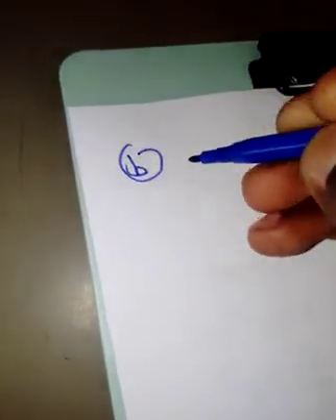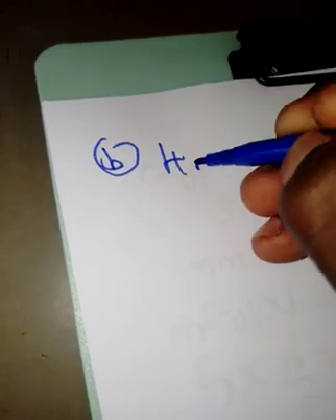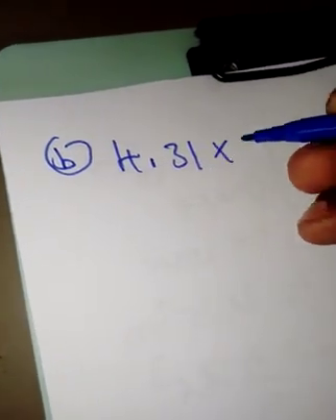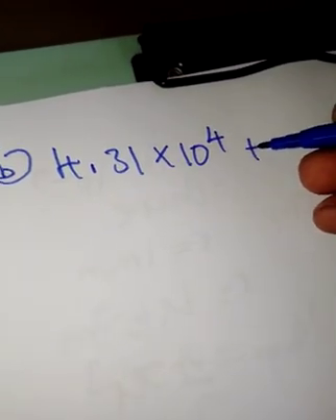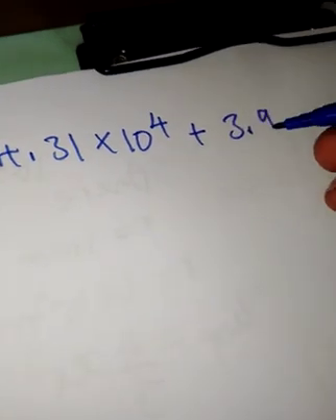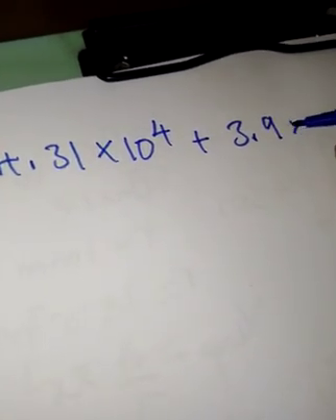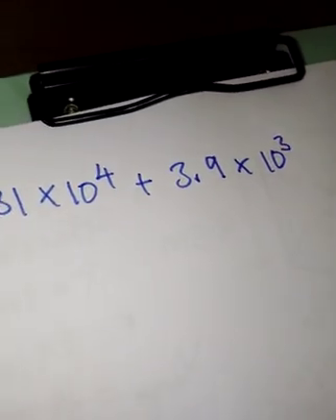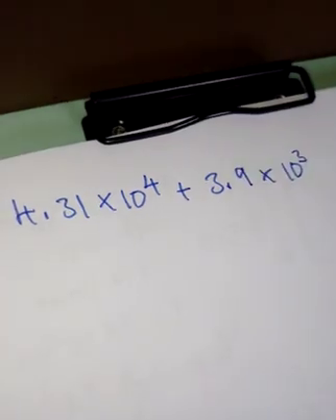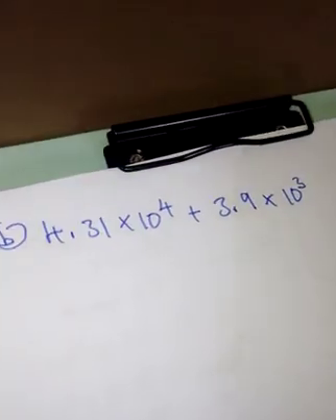Let's say we have the second one there, B. What if we have 4.31 times 10 to the power 4, plus 3.9 times 10 to the power 3? How can we deal with this?